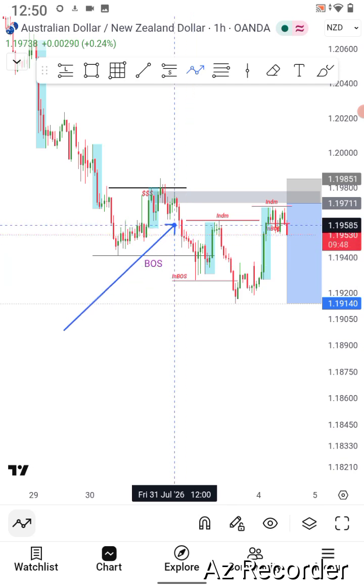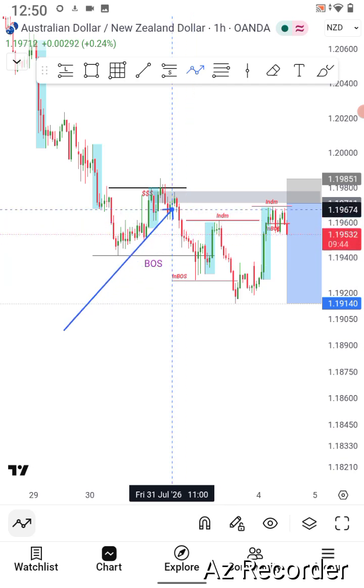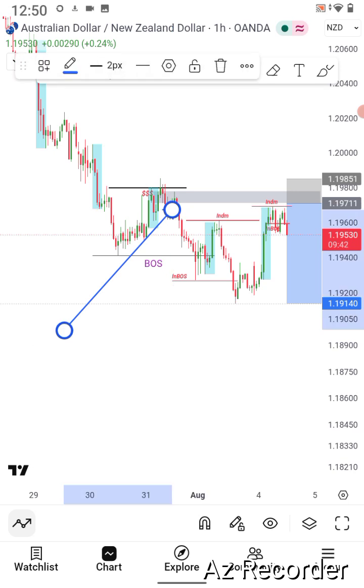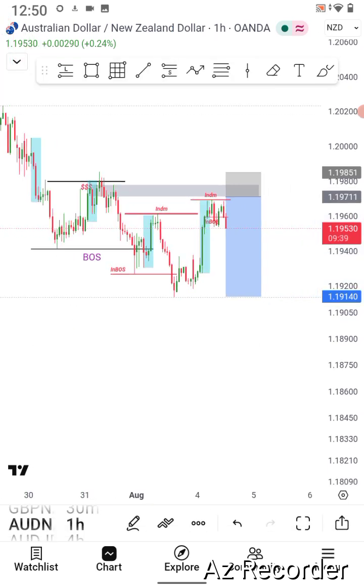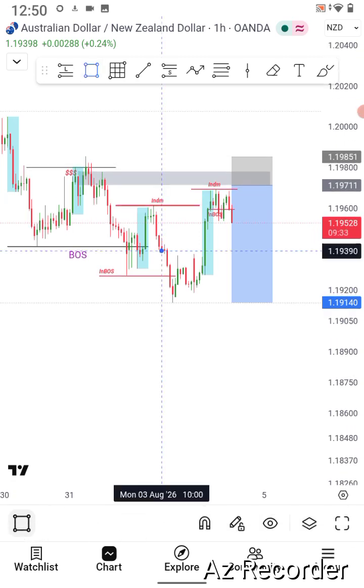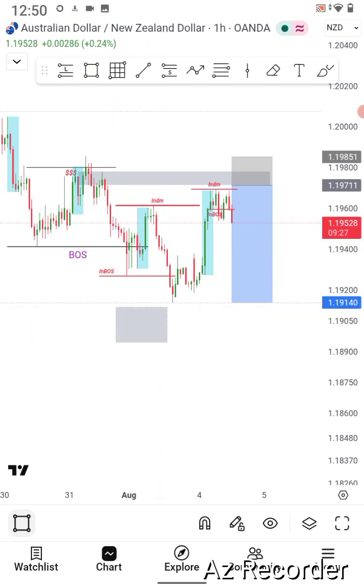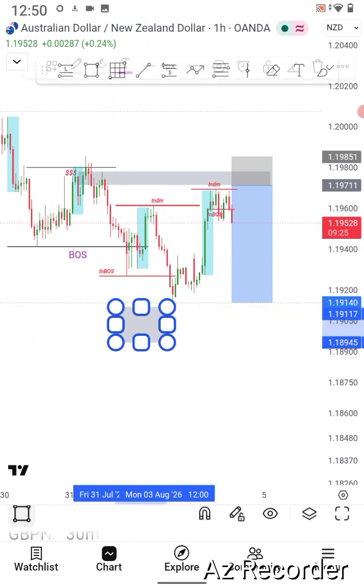So immediately I saw that, I said, oh, beautiful, nice setup. And I now came to the other block looking very good. I came and marked that one. So as I marked the other block, market had already moved. I'm going to color it differently. Let me remove it so that you all follow me well.